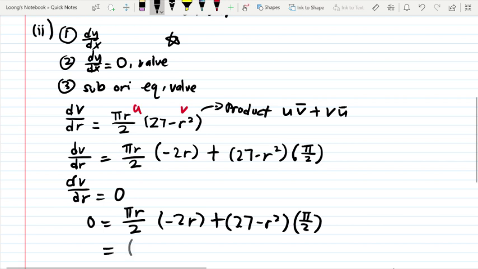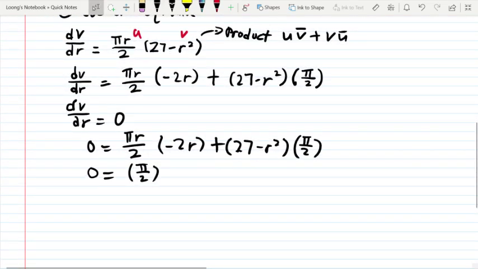And we factorize out π over 2, which left is negative 2r² plus 27 minus r².